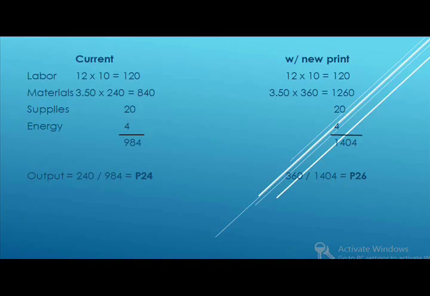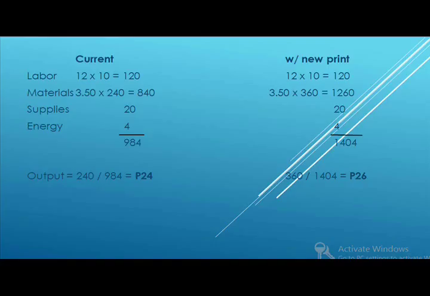When solving with the new print, in labor, Joanna must have 12 hours multiplied by 10 per hour that she thinks she will be making, that is equal to 120.